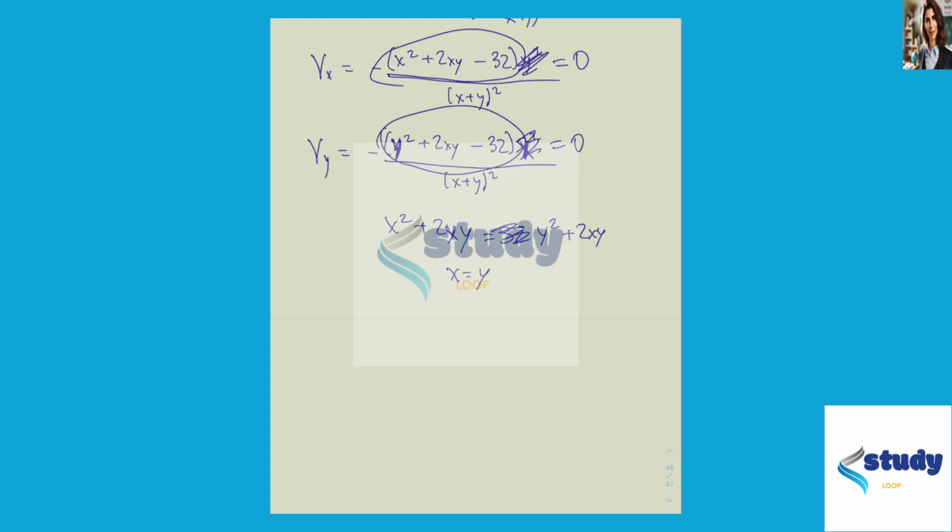And when we set these equal to 0, since the other factors aren't equal to 0, we're just focusing on this portion and this portion right here. So we have that x squared plus 2xy minus 32 equals 0, which means x squared plus 2xy equals 32, which is the same as y squared plus 2xy. So when we solve, we get that x equals y.